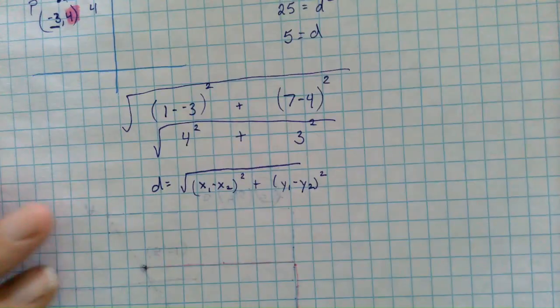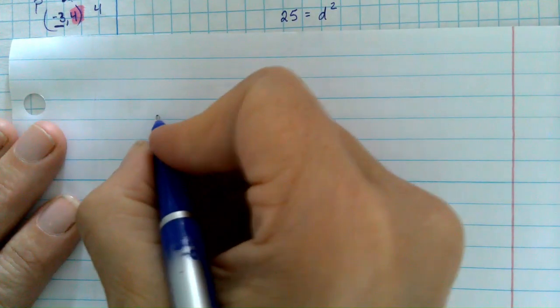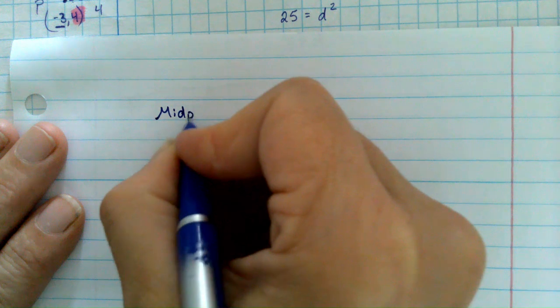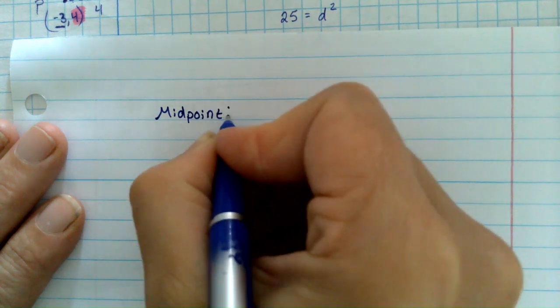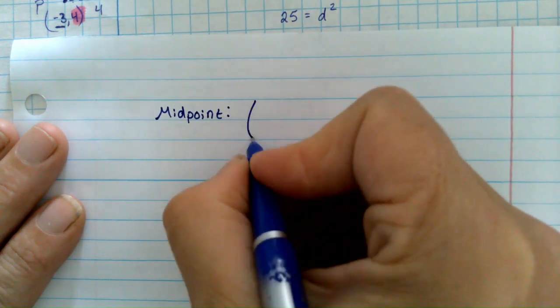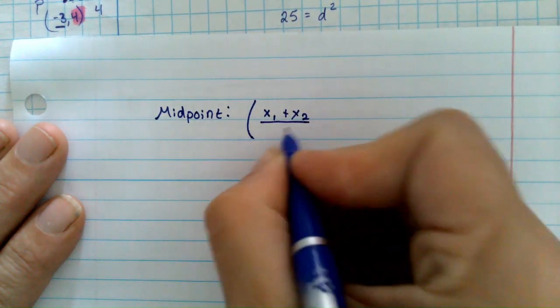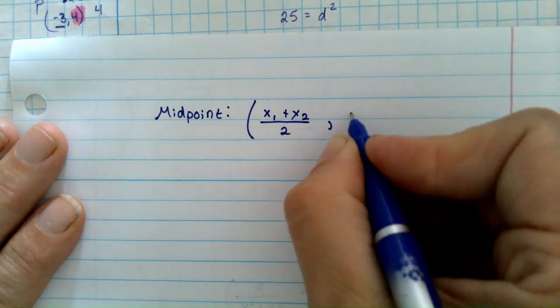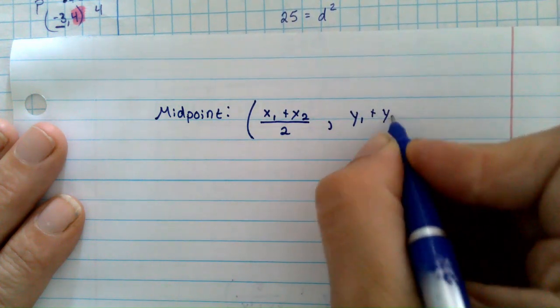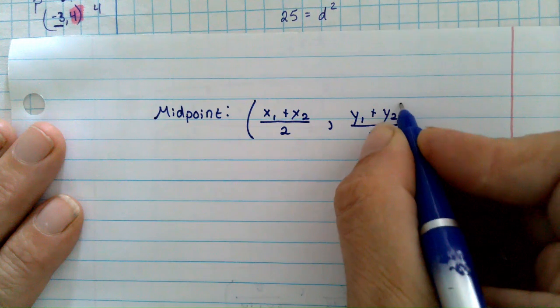Again, just so you guys remember, sometimes you'll have a formula sheet, sometimes you won't. So your midpoint, if you're not going to use a graph, if you like formulas, you take your first x and your second x, add them together, divide by 2, and then you take your first y and your second y, add them together, divide by 2.